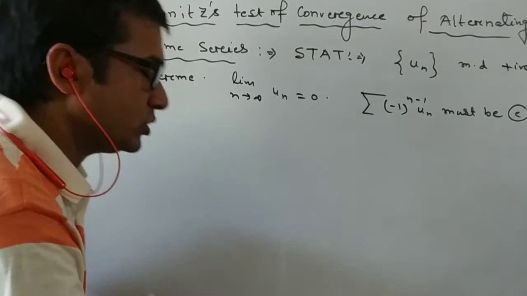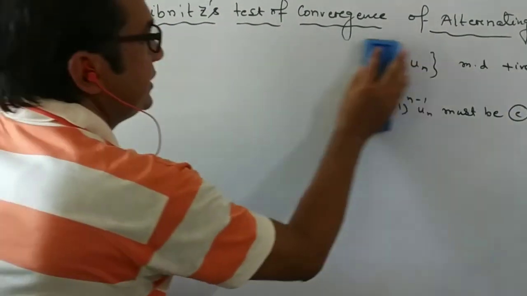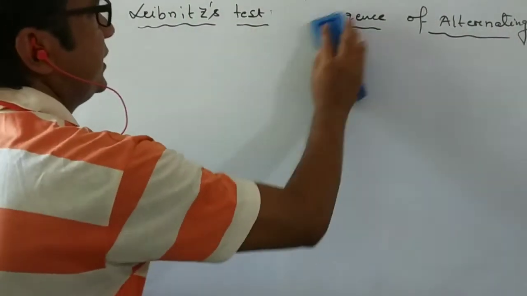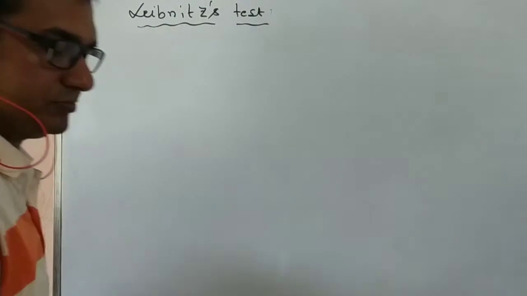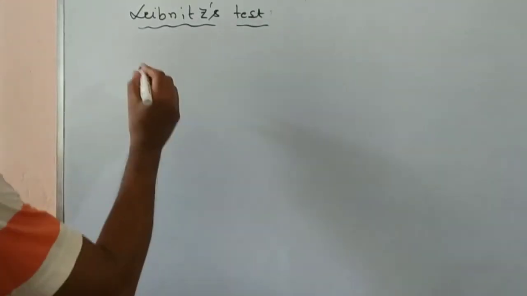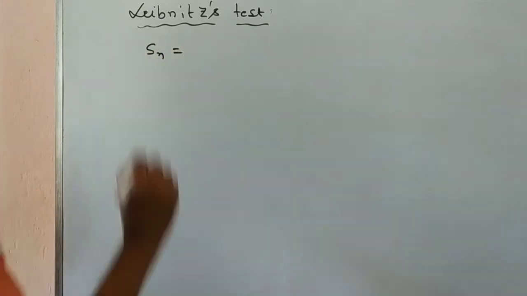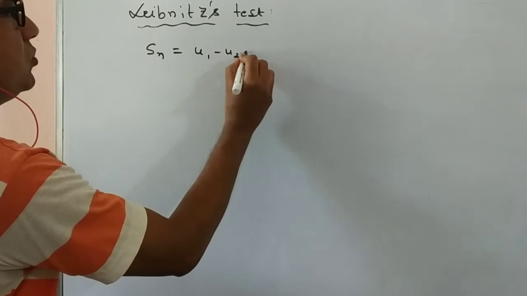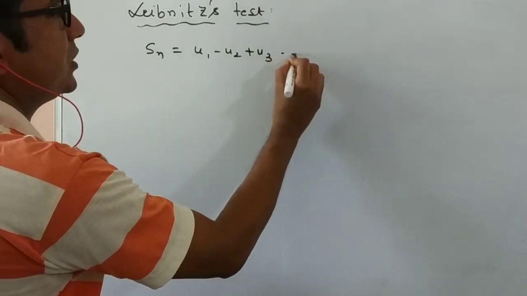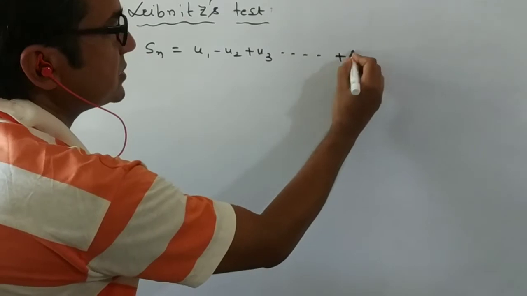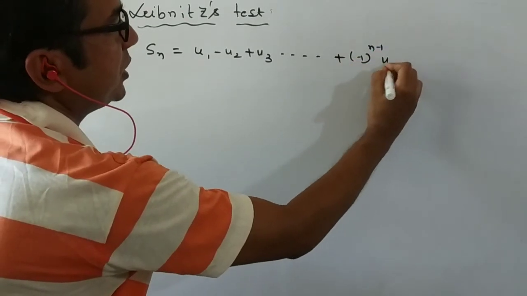Now we go to the proof of this statement, the Leibniz test. Here we consider the sequence of nth partial sums, Sn equal to u1 - u2 + u3 up to plus (-1)^(n-1) un.